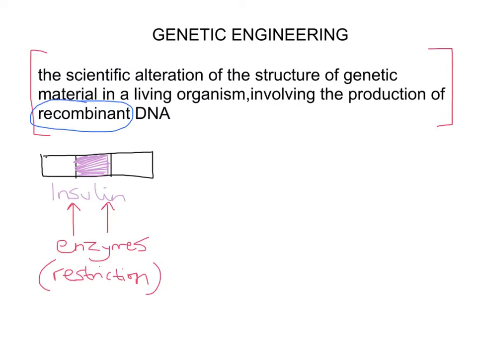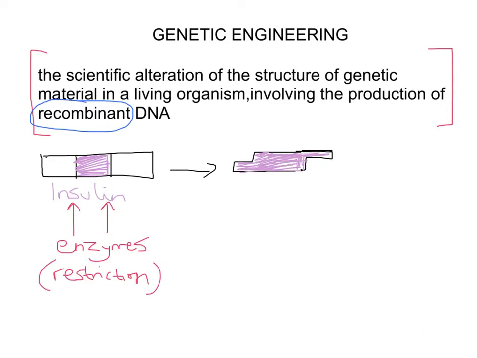Now when we cut that out, what we'll end up making is something that looks a bit like this. Shade it in just to make it a bit more visual.